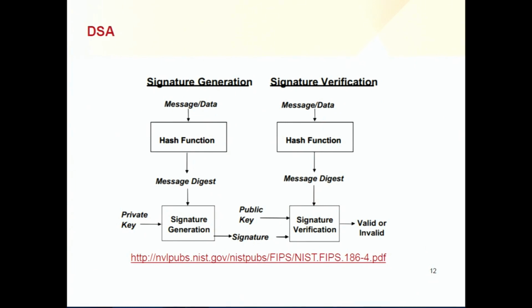And if what she gets from decrypting the signature agrees with this message digest, then not only has she validated that I've sent it, but she's validated that the message hasn't been changed. Is that clear? Everybody raise your hand. Everybody understands that, right? Okay, very good. Too simple?